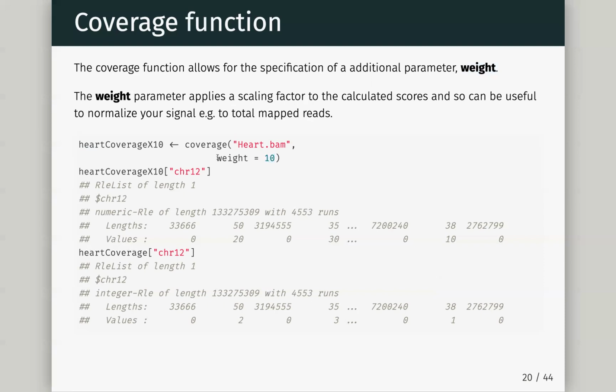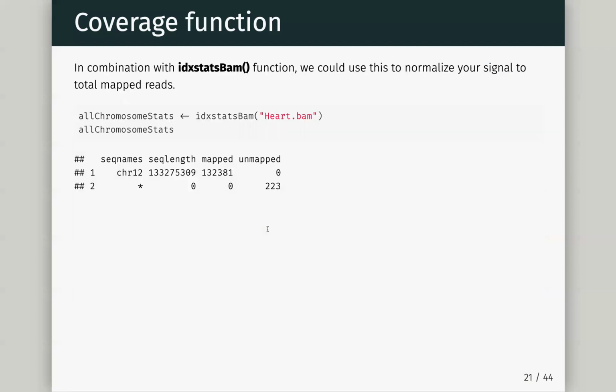It's nice as it's doing it while it's actually generating it, so we don't need to worry about doing this post hoc. But we did see we can also multiply RLE lists by values if we wanted to. Using this in combination with what we learned last session allows us to very quickly generate normalized bigwigs.